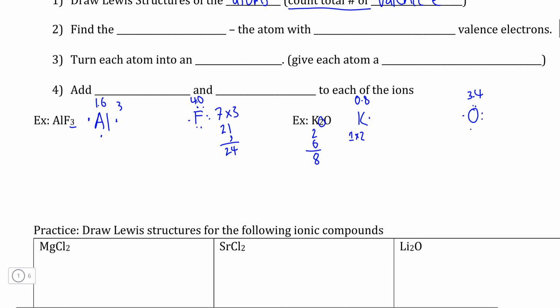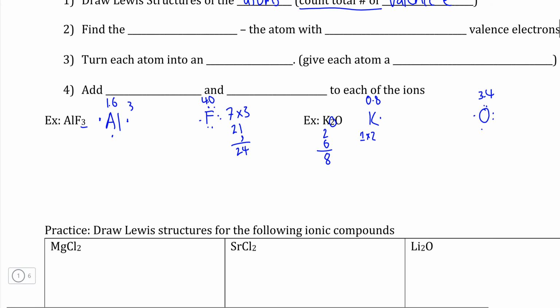Now comes the time for us to justify whether we need to draw an ionic Lewis structure or a covalent one by doing our electronegativity difference and our electronegativity average calculations. So if we start with aluminum fluoride, 4.0 minus 1.6 brings us to a total of 2.4, which is a pretty large difference.